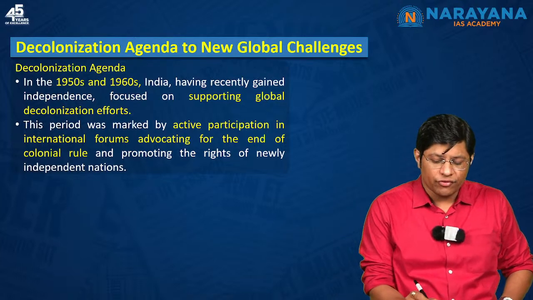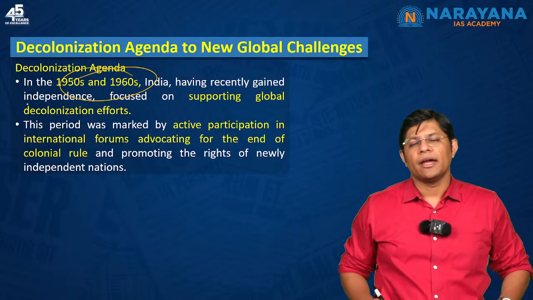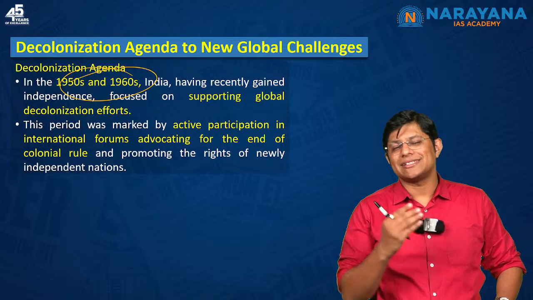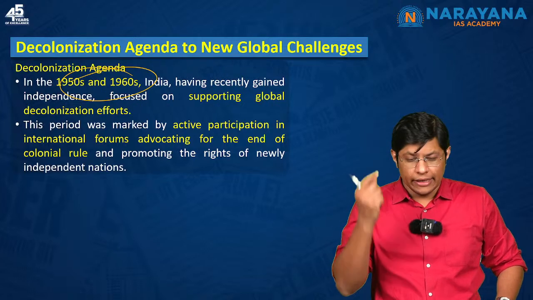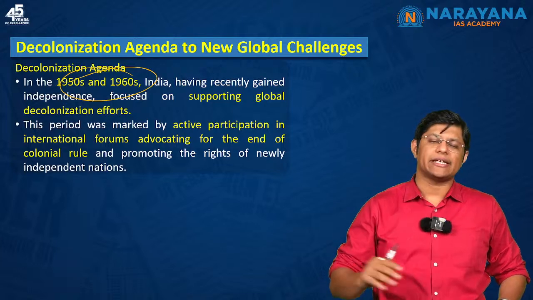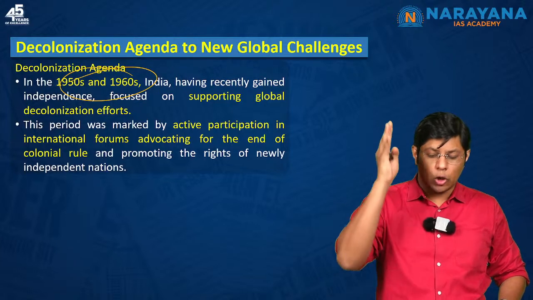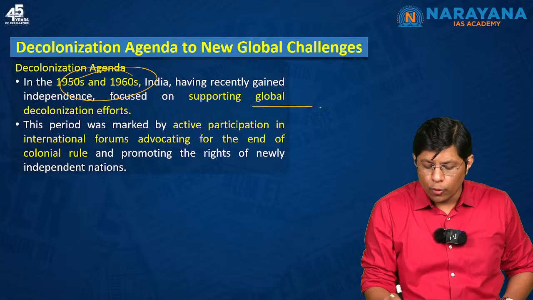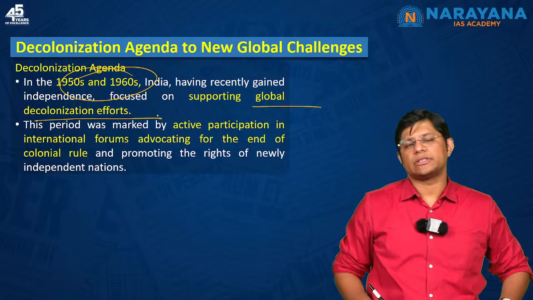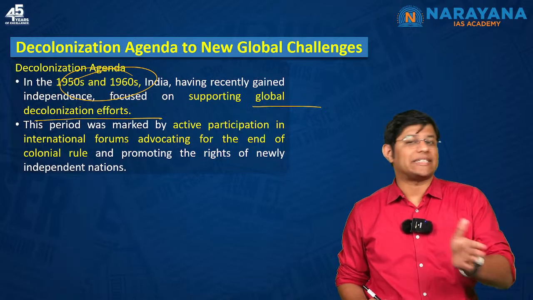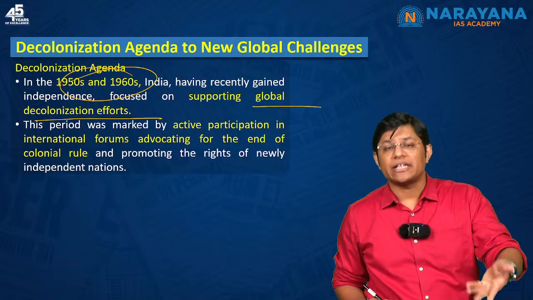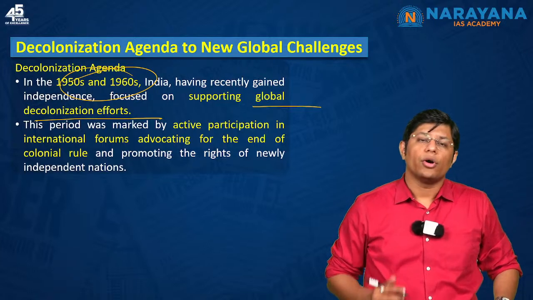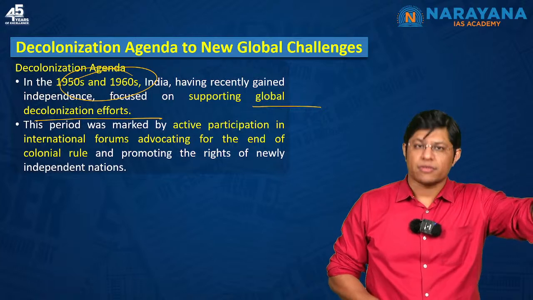Students, in the 1950s and 1960s, right, India was a nascent, newly born country. Now, in the 50s and 60s, India was actually advocating or supporting the global decolonization efforts. Because in the 60s and 70s, there were a few countries like South Africa who were a colony to the Western powers, right?